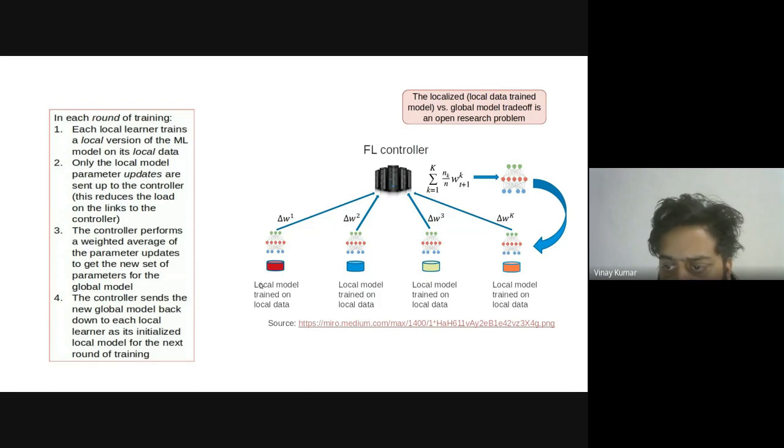Then you will get an updated model here, similarly here, here, and here. That updated model will be pushed to the FL controller to update its global model.